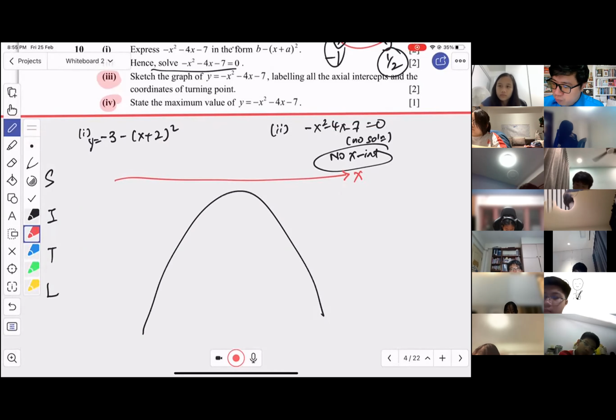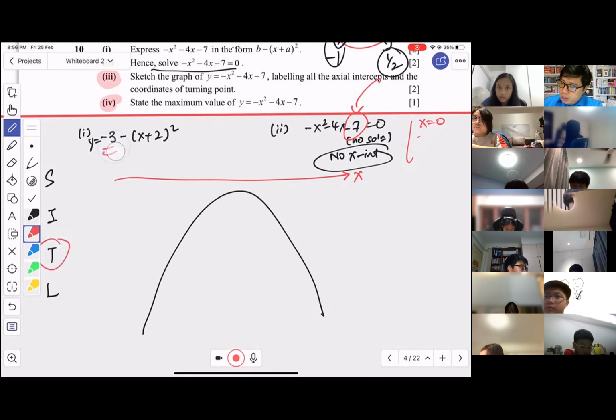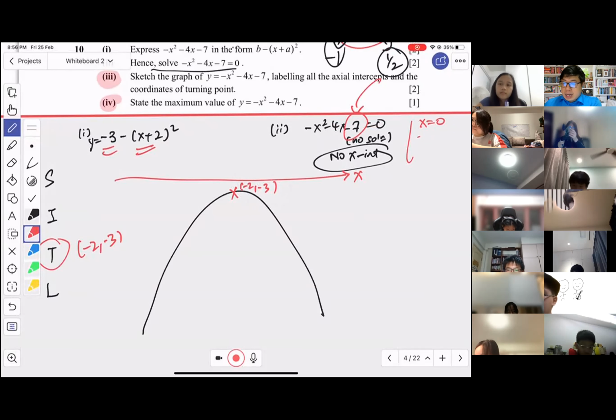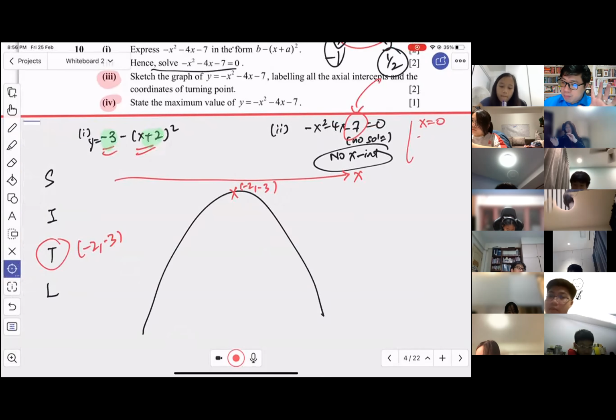After that, I need to find the y-intercept. If I sub x to be 0, then you see just negative 7. T, turning point: from here, the turning point is negative 2, negative 3. Equate the inside to 0, giving negative 2, and outside just take the value, that's negative 3.